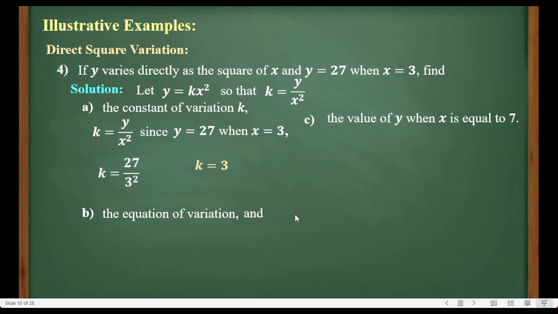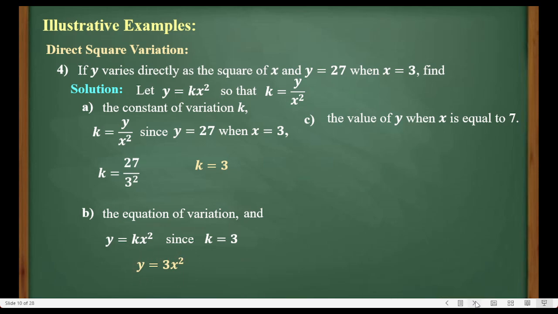And what about the equation of variation? Again, from this translated equation, replace k by its obtained value, and we know that is 3. Okay? So k is 3, therefore your equation of variation would be taken from this equation, but we replace k by 3. And this is the equation.